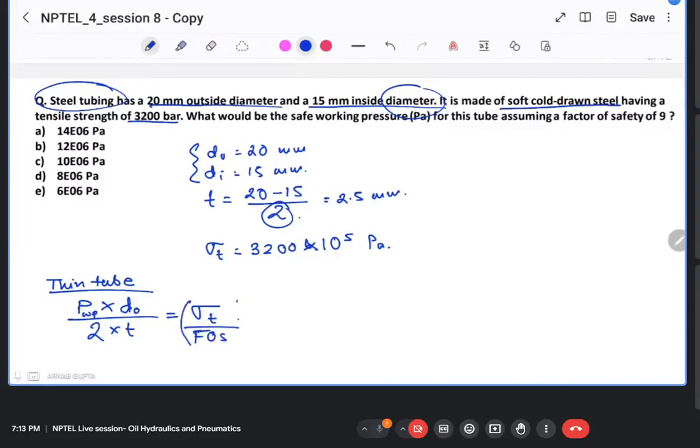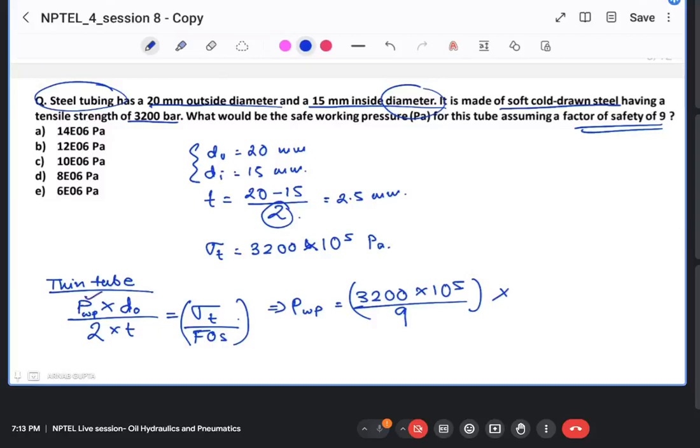Now the working pressure is 3200 into 10 power 5 divided by factor of safety. You can see what is the factor. So this is the steady state pressure that we are talking about.